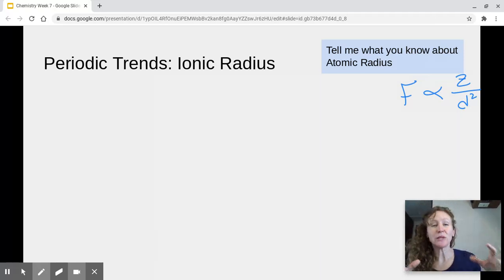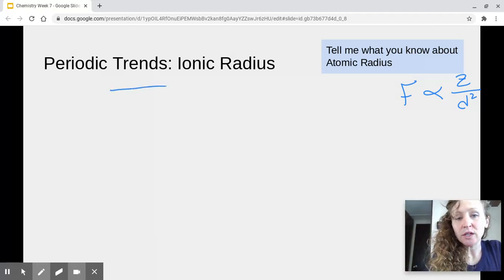So if distance isn't changing a whole lot, and distance would change due to increasing energy levels, then the change in these periodic trends in a period left to right is going to be driven by atomic number.